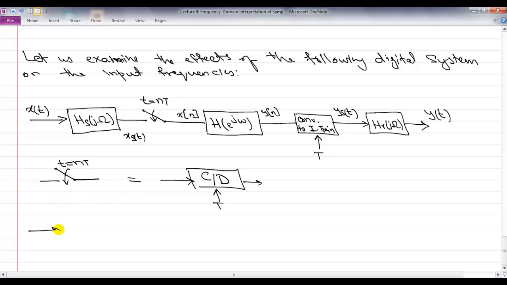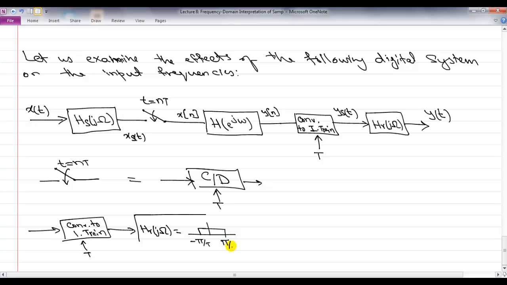Similarly, in your book, you have a sequence, you convert it to impulse train with a period t, and then you have a reconstruction filter, which is an ideal low-pass filter with a cutoff of pi by t and a height of t. So hr j omega equals 1 from minus pi by t to pi by t with a height of t, this thing.